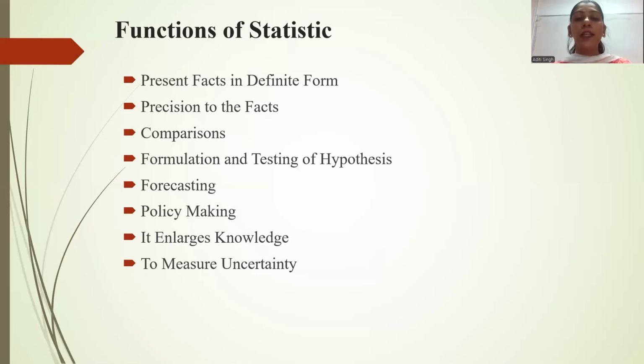As we analyze the data, we interpret the data, and on the basis of the facts and figures, we provide the data. Next point is precision to the fact. So statistics are represented in defined form.